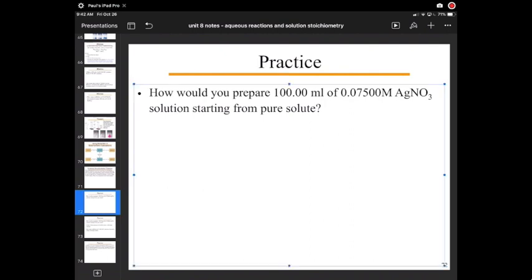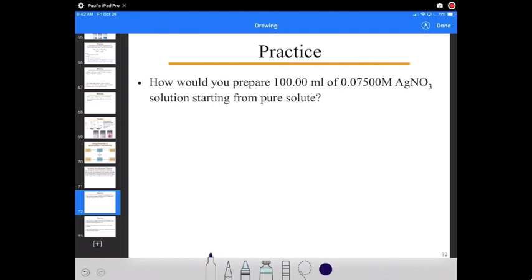So 100 milliliters is all good and fine, but our conversion factor has moles and liters. Can I use milliliters? No. What do I have to do to milliliters first? I have to convert it to liters.